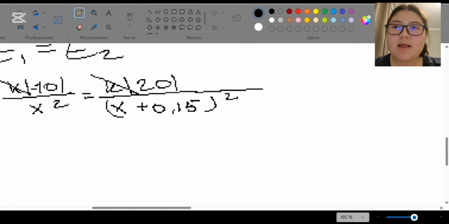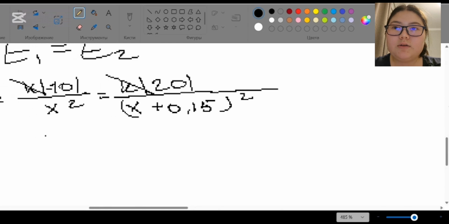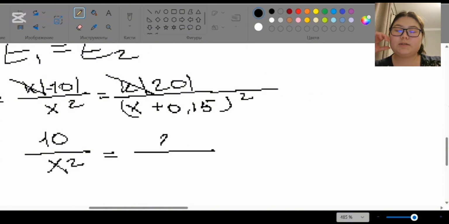Now let's use the cross multiplying method to calculate our x.